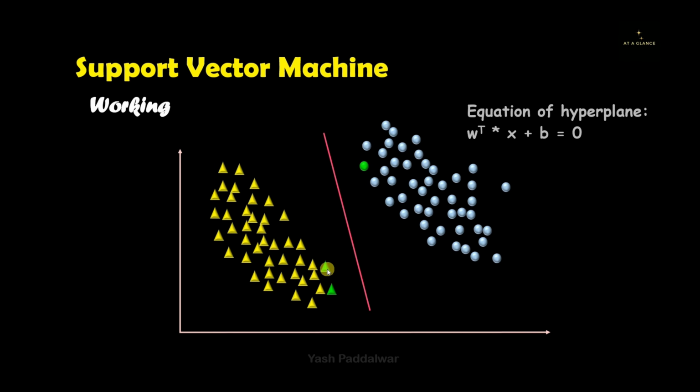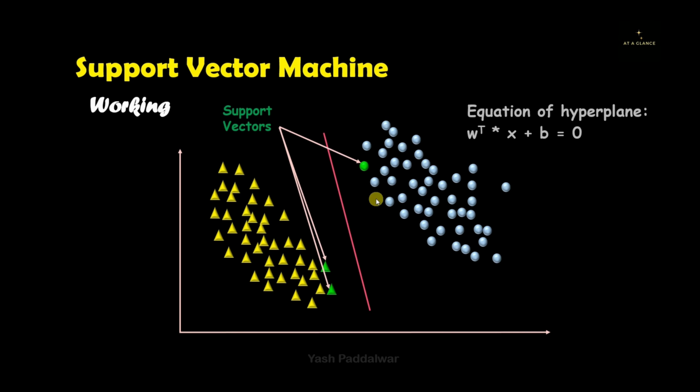So you can see these two triangles from the class of triangles are the data points that are closest to the hyperplane, and similarly from the class of circles, this one single data point is the closest to the hyperplane. And these points are called support vectors. So I hope the definition of support vector is clear to you all.